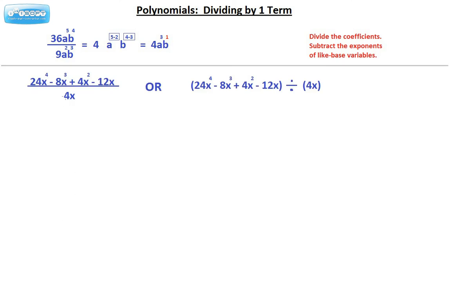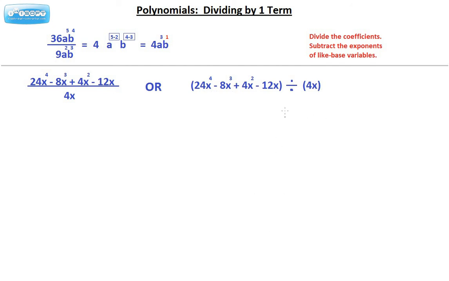When dividing by one term, you may see it written as the first one, which looks like a fraction, and the one term is on the bottom, so every term on the top is being divided by 4x. Or you may see it written like this in parentheses. What's being divided are the 4 terms inside the first parentheses, and they're being divided by 4x.